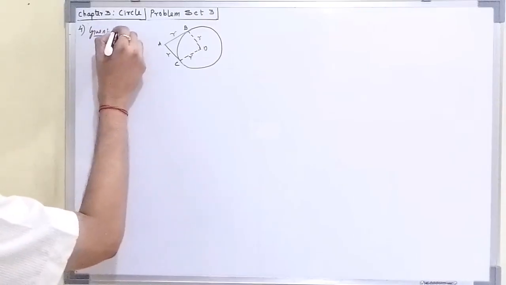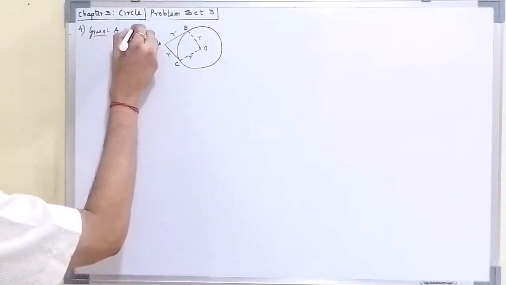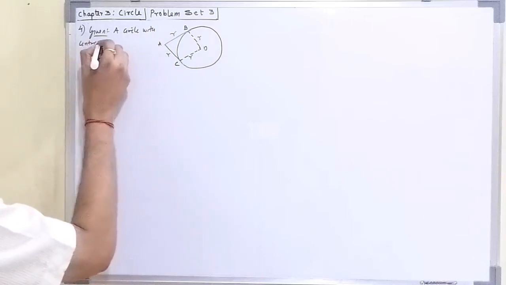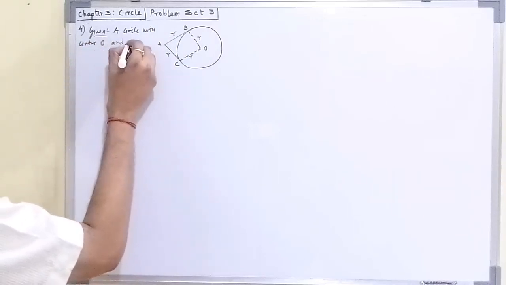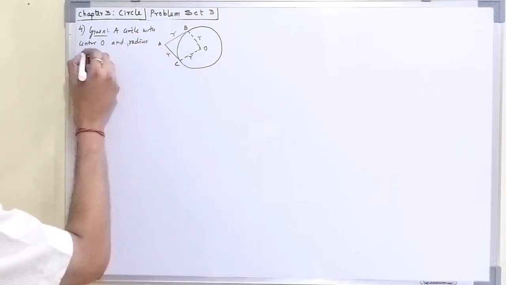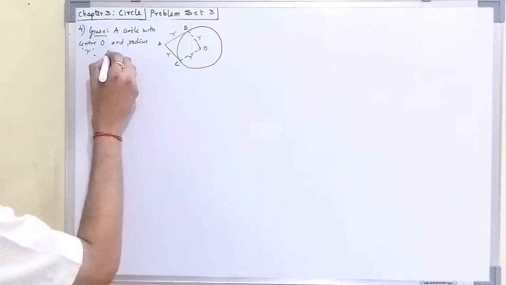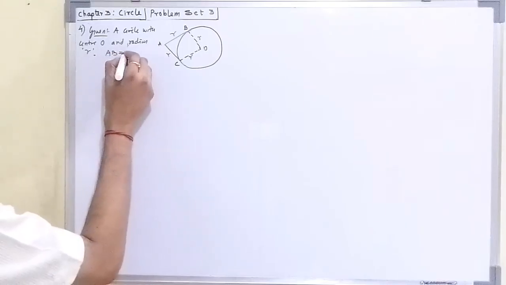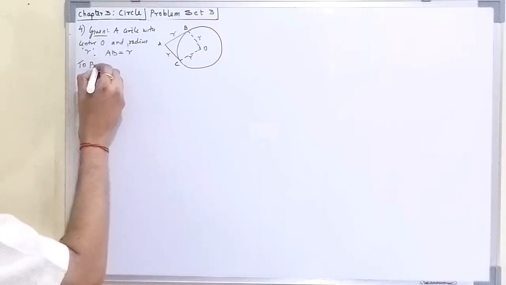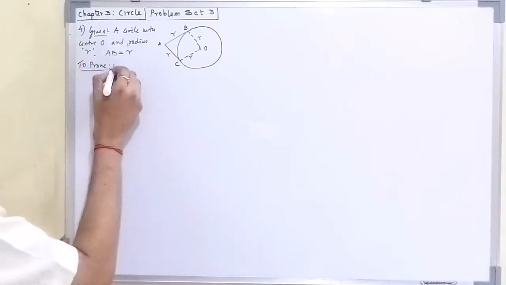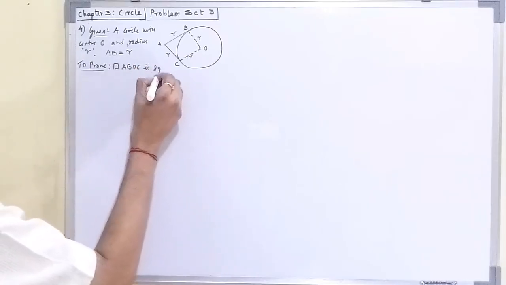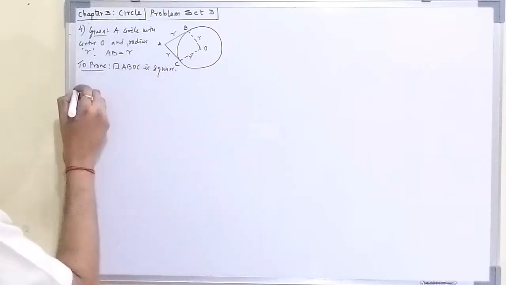Given: a circle with center O and radius R. AB equal to R. To prove: quadrilateral ABOC is a square.